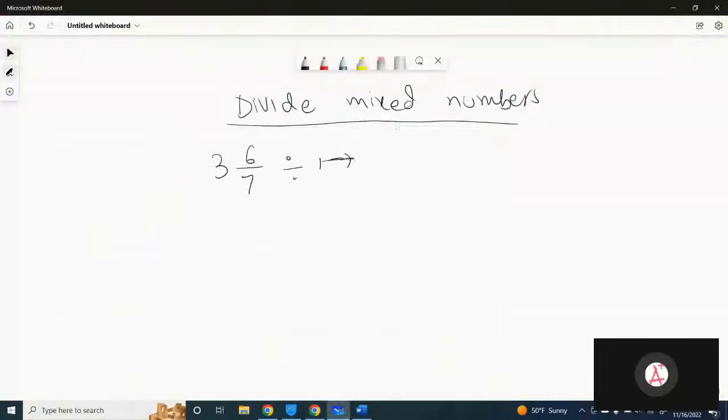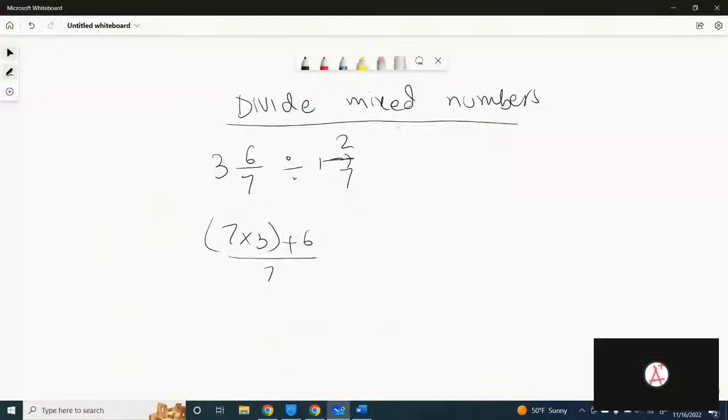You have to do the same thing, just replace, but first you have to write the fractions in improper fraction form. Got it? Convert the fractions into improper fraction form. You have to do 7 times 3, add 6 to the answer, and then divide by 7.